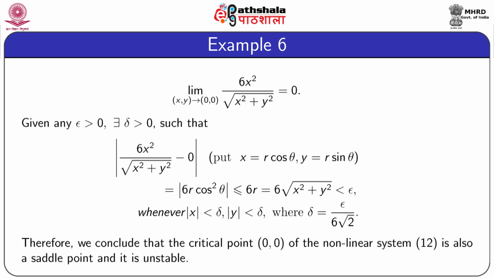Once you get the right hand side as a function of r, it is very easy to replace r by square root of x square plus y square, and basically here you get a circle x square plus y square equal to epsilon square by 36, and you choose your delta in such a manner that the sum of x square plus y square gives you epsilon square by 36. That is the trick of this problem. And once you prove these two properties, we conclude that the critical point (0, 0) of the nonlinear system 12 is also a saddle point and it is unstable.